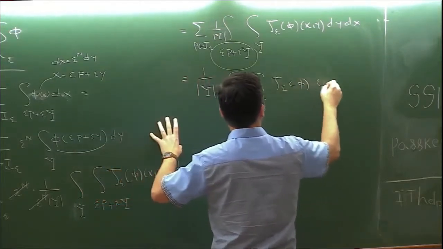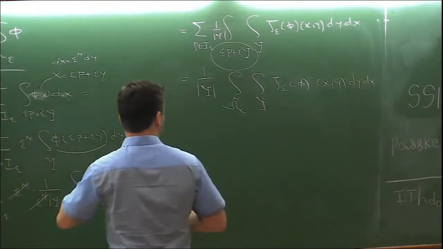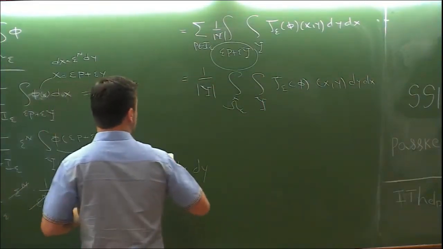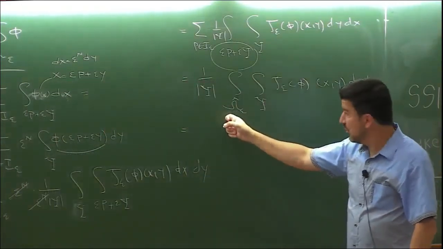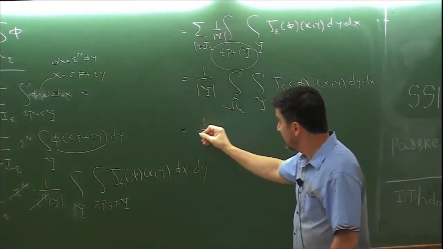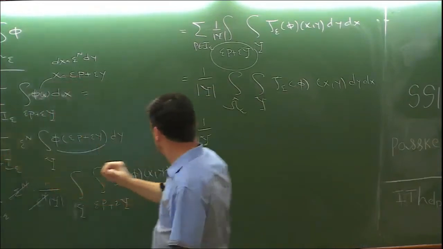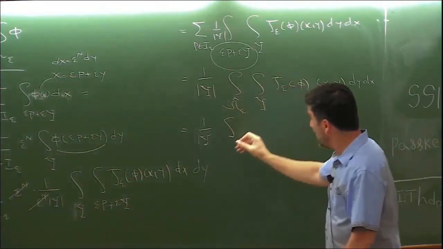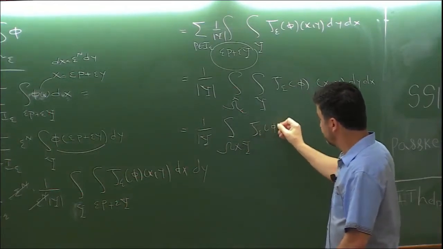So magically now we have T epsilon in the business, and that's it, okay? Because T epsilon is 0 outside this set, in fact, this is integral on omega, yeah? So we obtain that the integral on omega of phi is the double integral on omega cross Y of T epsilon of phi.